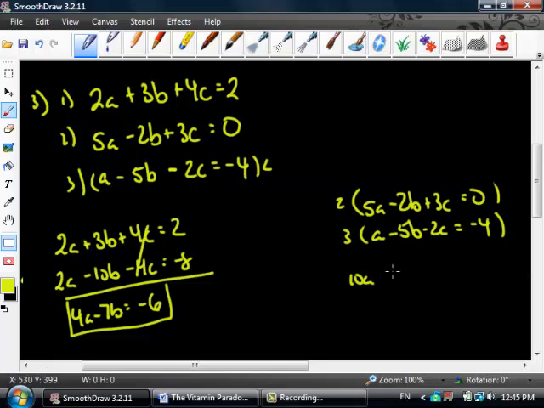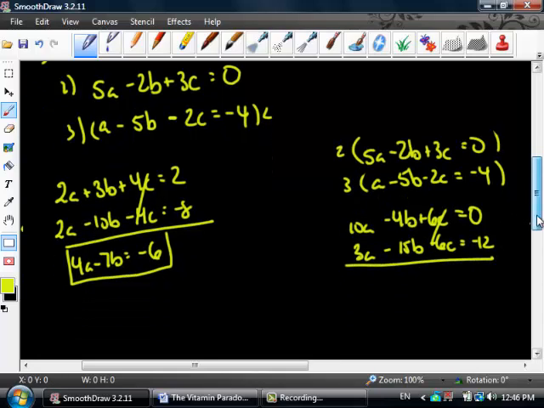So I get 10a minus 4b plus 6c equals 0. And on bottom I get 3a minus 15b minus 6c equals negative 12. That's out of there. I get 13a minus, oh boy, 19b equals negative 12.